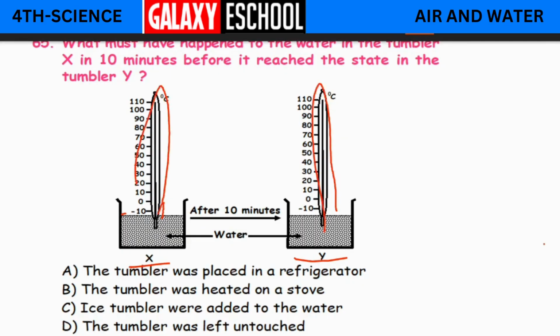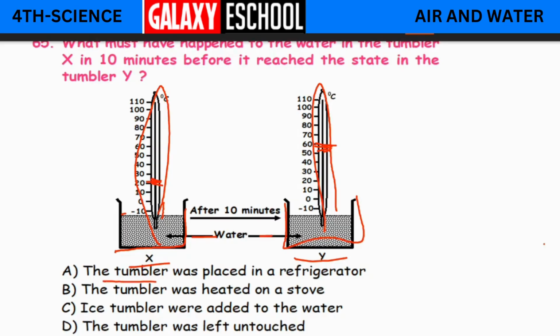Inside this, the level of temperature is shown until this area. Initially, in the beginning stage, it was like this. After 10 minutes the water temperature has increased to this level. So why is it?